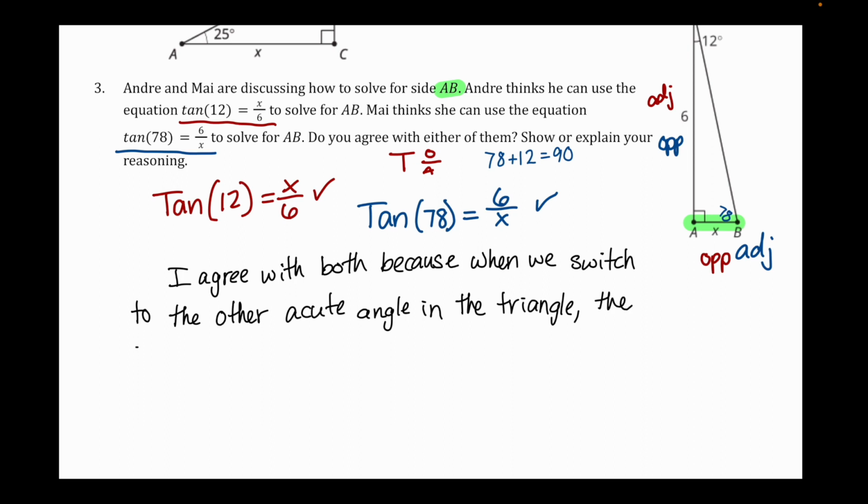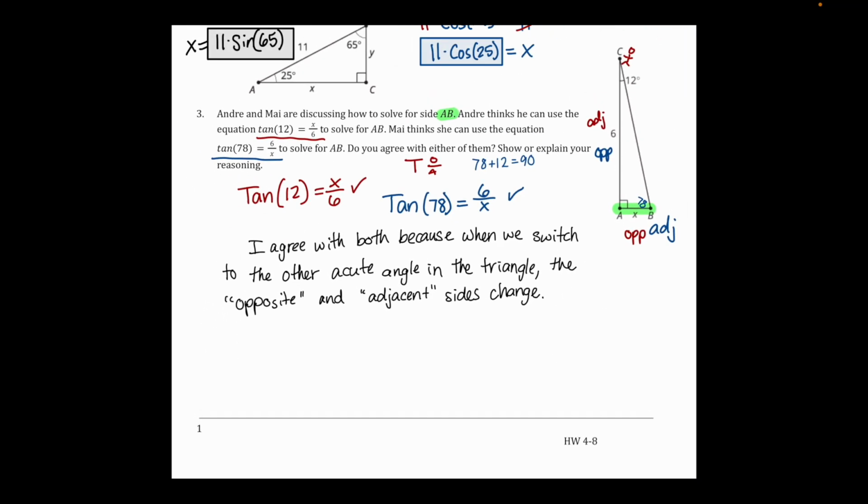The opposite and adjacent sides change. So that's how both of theirs can be correct, because 78 is the other acute angle. And that's all for question 3.